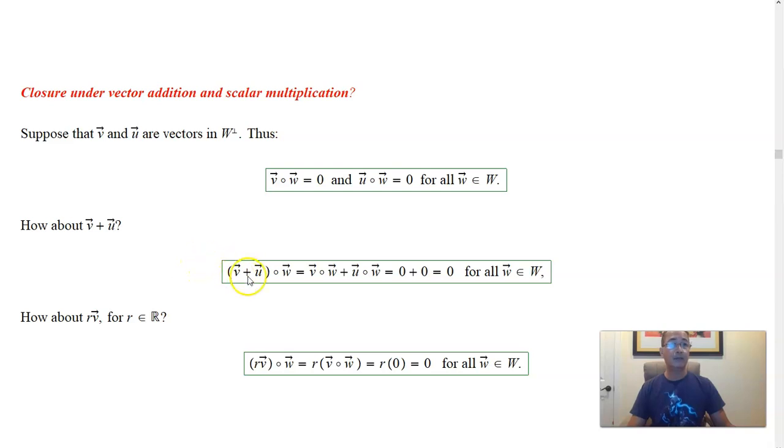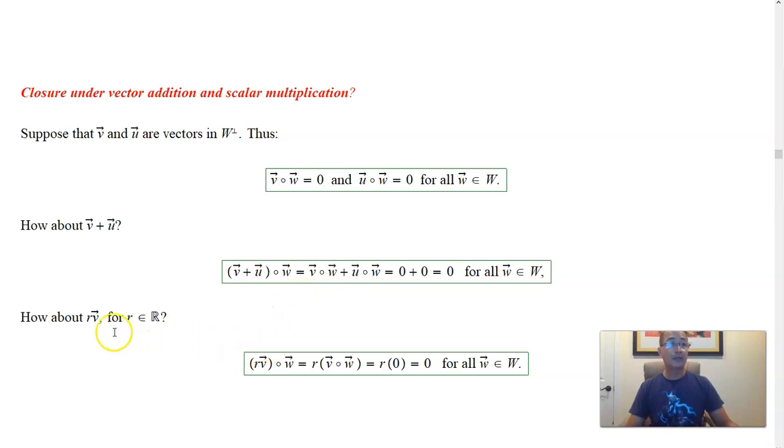If you take V plus U and dot it with any W from our subspace capital W, we have the distributive property, which becomes V dot W plus U dot W. Both of those dot products are 0. So it's kind of like we're back to chapter 0. 0 plus 0 is equal to 0, and so V plus U is also orthogonal to W.